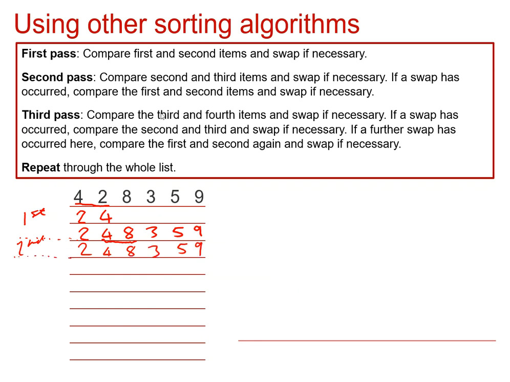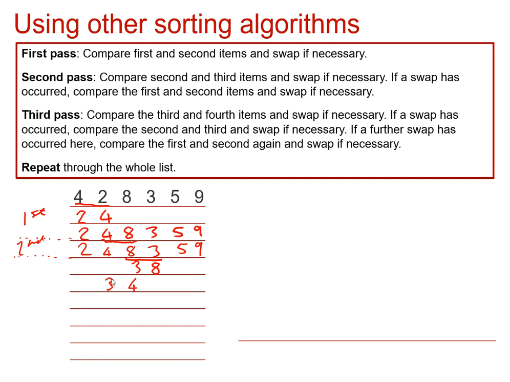Alright, and then we're on to the third pass. So we start with the third and fourth item. They do need to be swapped. And because we've done a swap, we move to the second and third item, which are this 4 and this 3. They need to be swapped as well, so we'll swap the 4 and the 3 like that.